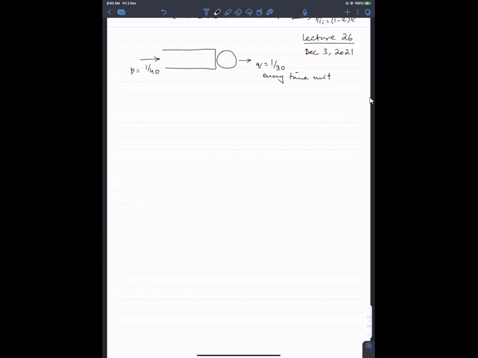So in one time unit, you can have at most one arrival, and at most one departure. So what happens if there is one arrival and it is still being processed? Because the probability that you will process it is 1/30, there is no guarantee that you will be able to process it in that time slot.